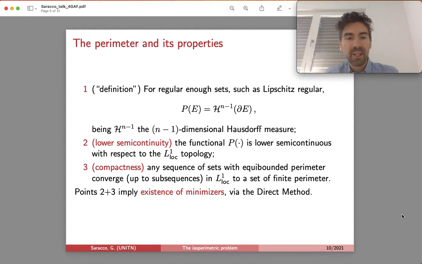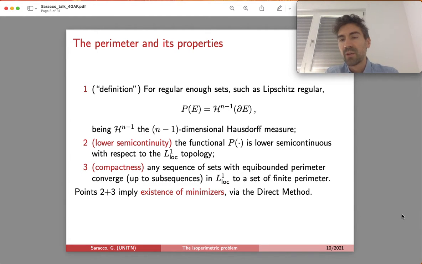And the other good thing is that any sequence of sets with equibounded perimeter is precompact. That is, you can extract a subsequence that converges in L1 loc to a set of finite perimeter. And basically these two properties, 2 plus 3, immediately imply existence.